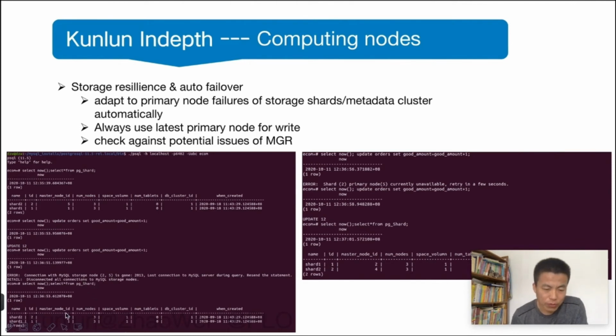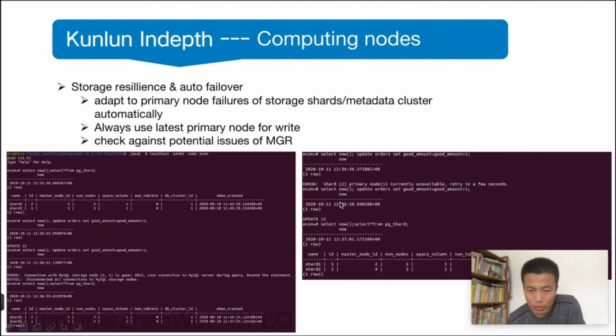Right now the computing nodes are looking for the new primary nodes. Here the primary node ID is not yet refreshed, and we try the update again and it fails again, and after a few seconds we try it yet again. This time we succeed.